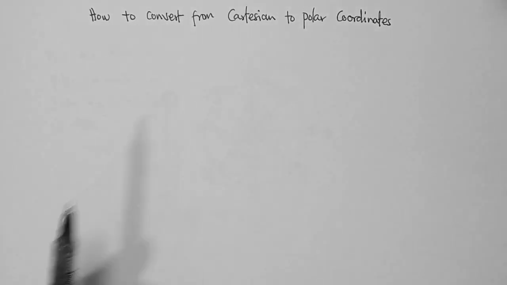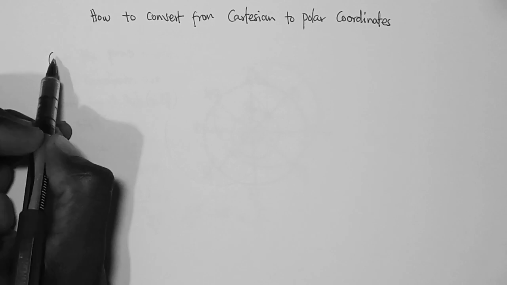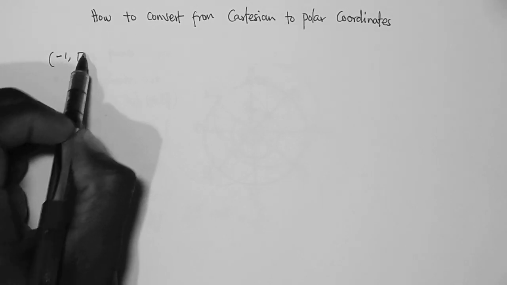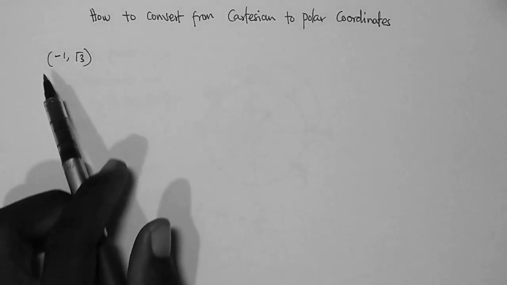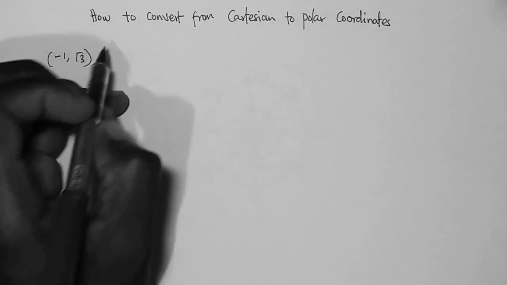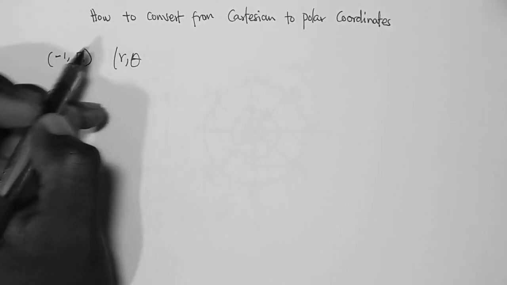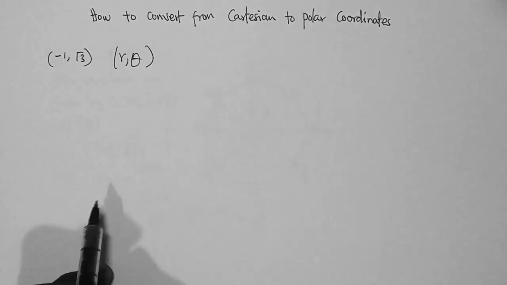Let's talk about how to convert from Cartesian coordinates to polar coordinates. So if we are given minus 1 and root 3, how do we convert minus 1 and root 3 to polar coordinates? Remember that polar coordinates is giving us r, theta. So we need to first find r.